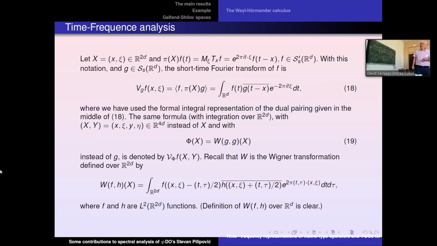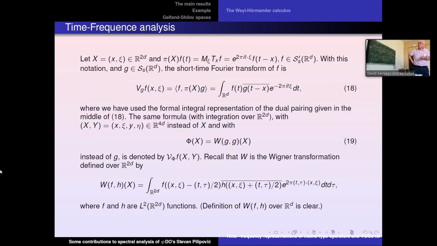Usually we have here f of x minus t half, conjugate h of x plus t half. And I wrote this version because if you just cancel the second variable, you get this classical Wigner transform.